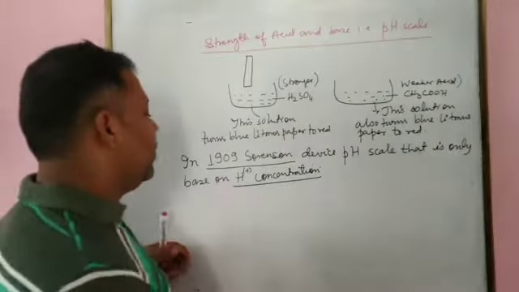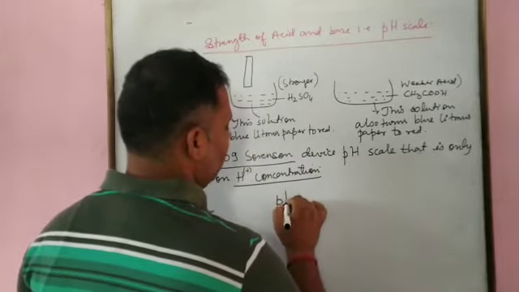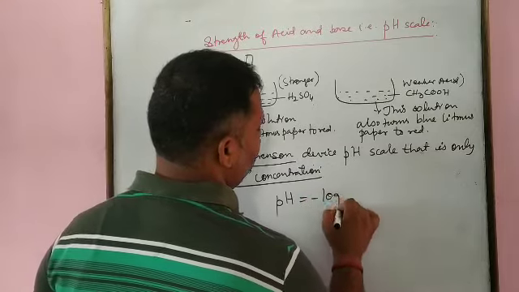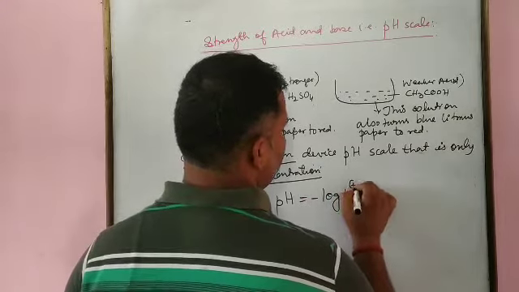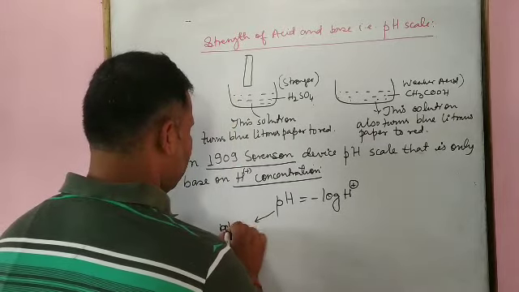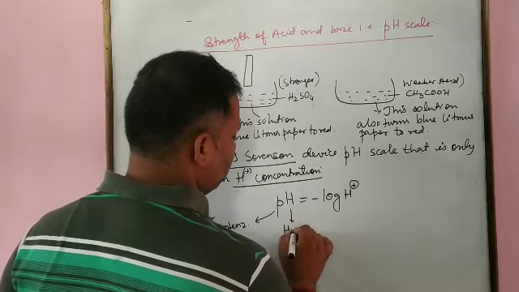This pH scale is based on pH, small p, capital H, equals minus log of H+ concentration. This is known as potential, and this one is hydrogen.